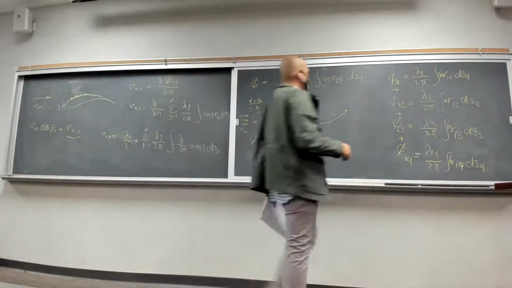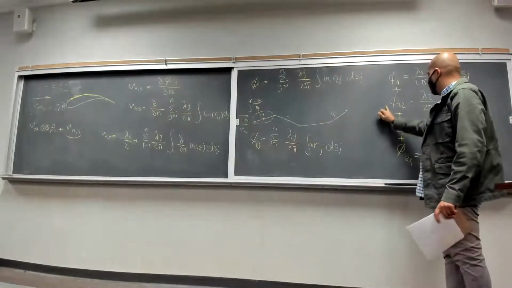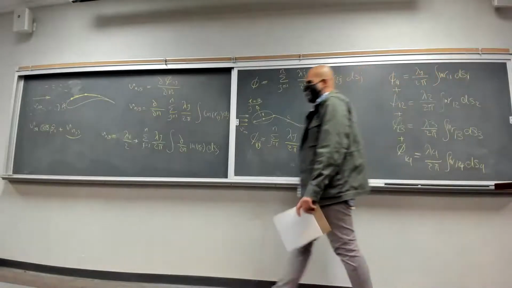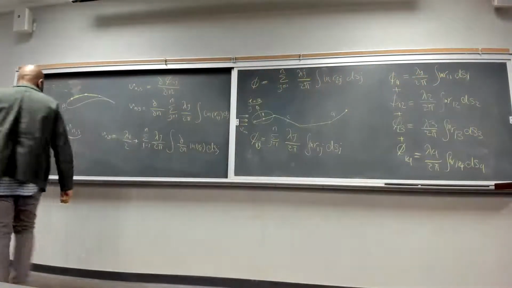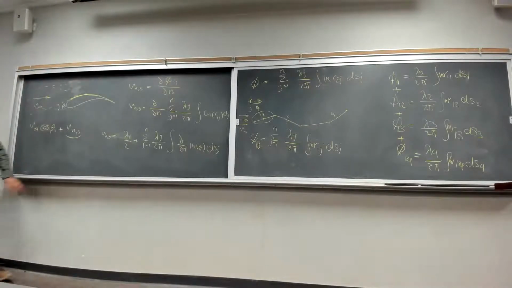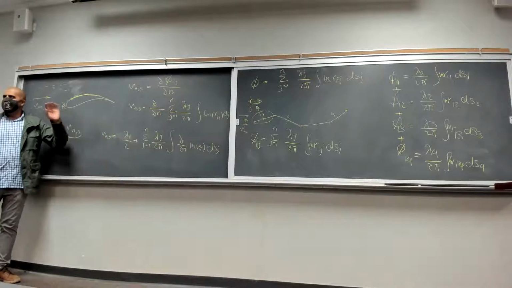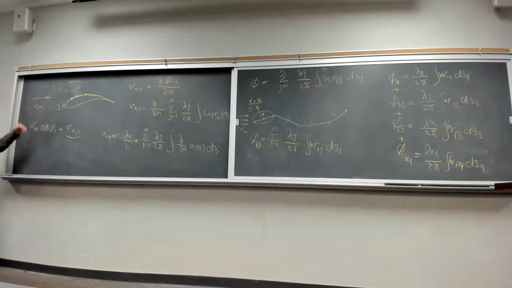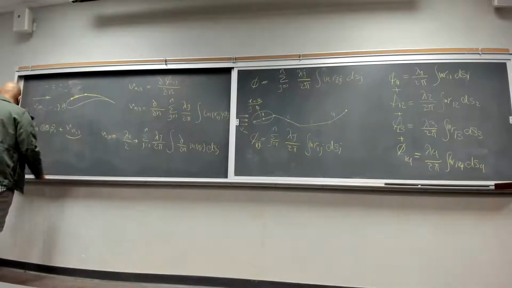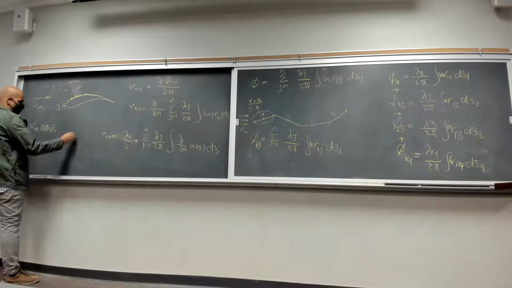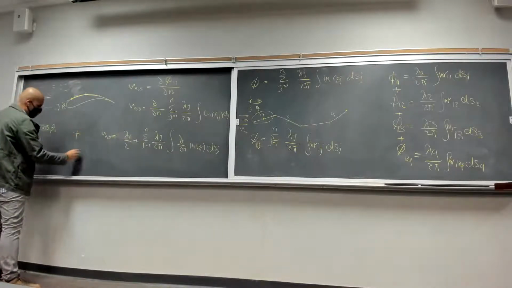So that phi over there is only going to include these three if you only have 4 panels. Okay, so this is going to be your normal component of velocity induced by the velocity potential on one panel. And then we have the normal component of the free stream velocity. Just add them all up together, and it has to be equal to 0.